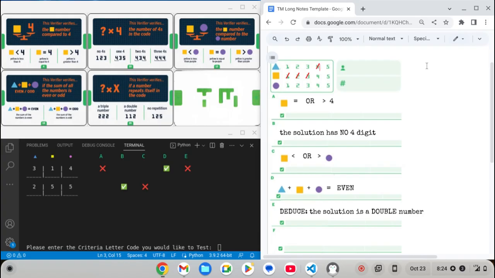Square is 5, right? There's no debating that. So we don't have to retest criteria card A. We've established that square is 5, which means that we need another 5.